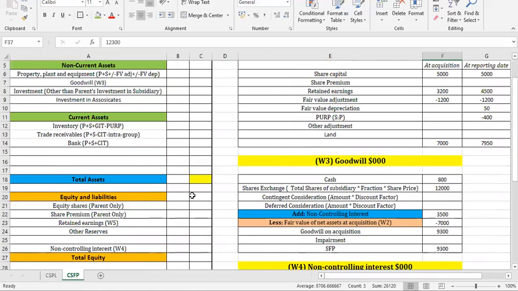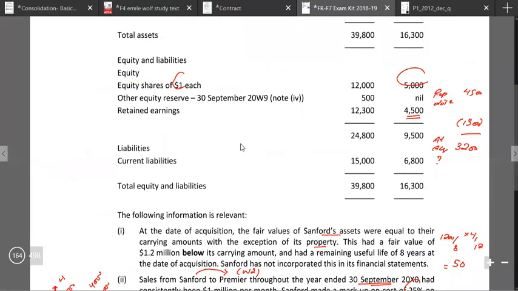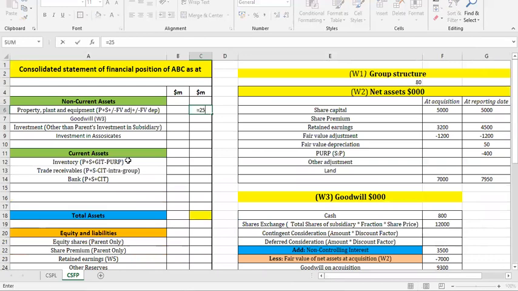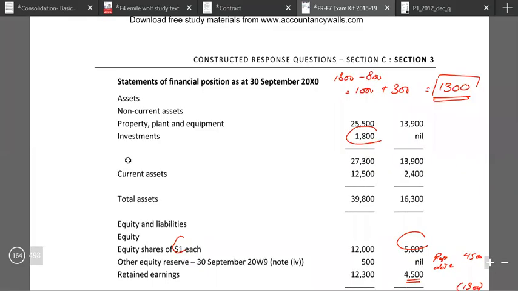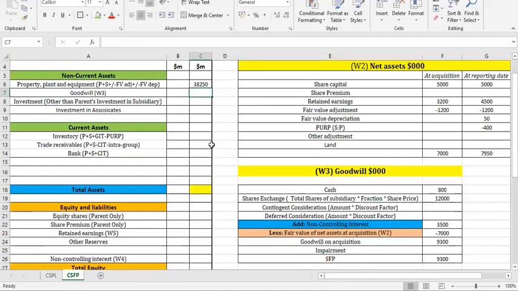Okay, now you have the property, plant, and equipment balance. So 25,500 plus 13,900, and minus 1,200 plus 50. Goodwill was 9,300.